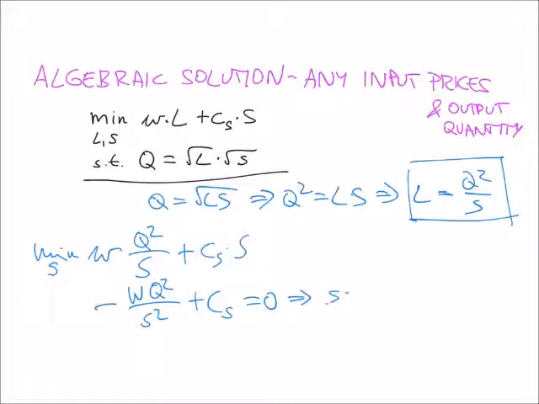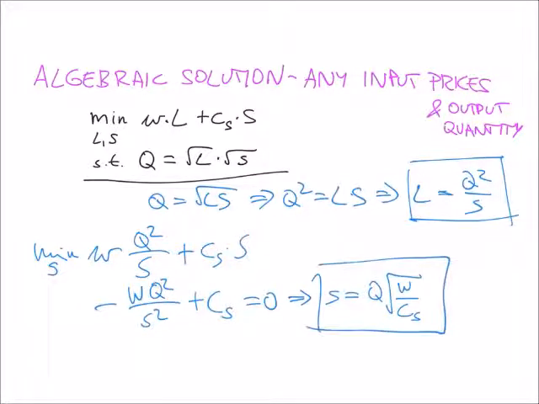So from that you can solve for S. If you solve for S, you get Q times the square root of CS over W, right? Or W over CS, you're right, yeah. W over CS. This last step was just solving for S.